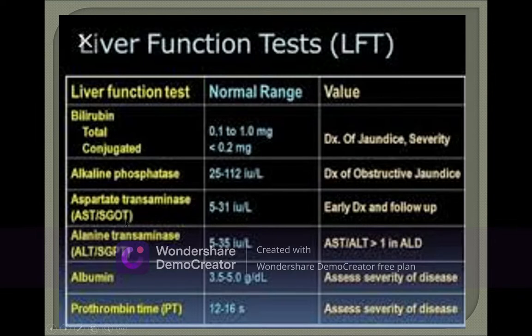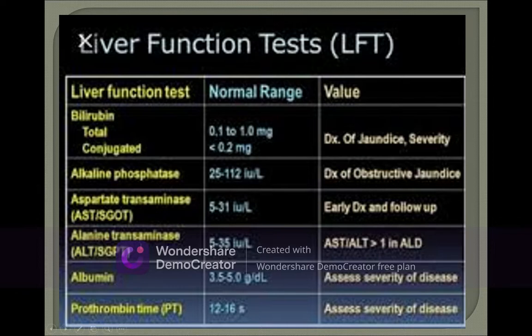Here it is about 5 to 31. So more than 40 or 45 is needed for significance, for ALT or AST. Both enzymes are important. If they are increased, it means that the conjugation is not properly done and they are releasing into the blood because they are unable to stay inside the liver.